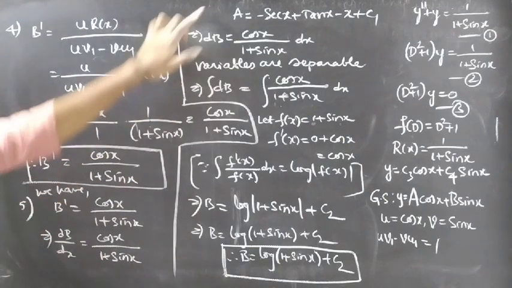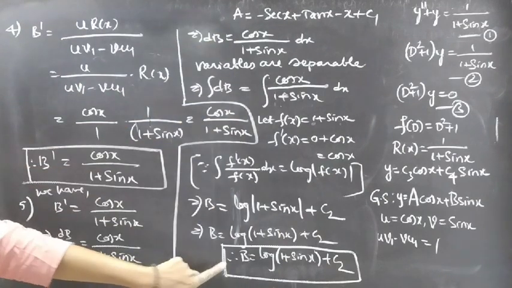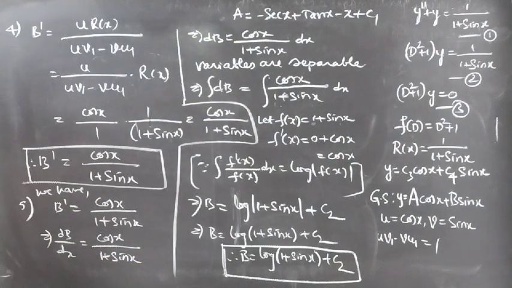We got A and B. Let's now write the general solution using y equals A cos x plus B sin x by substituting A and B, right?